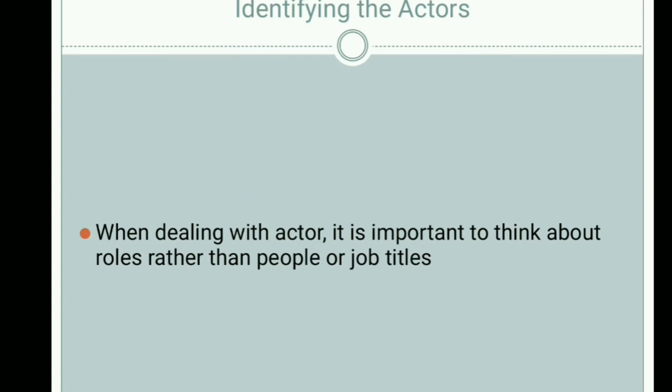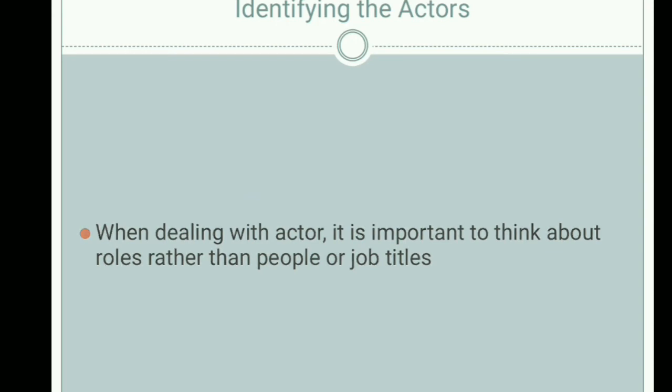When we deal with an actor, it is important to think about the role rather than the people or the job title. So the role played by the actor is what we need to consider rather than the job title.